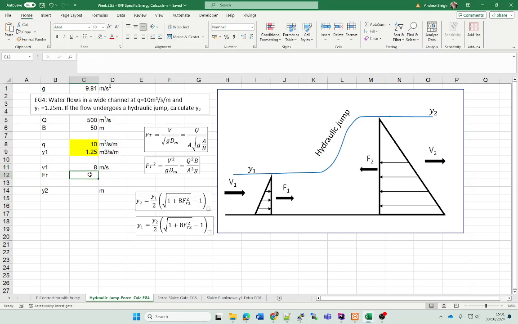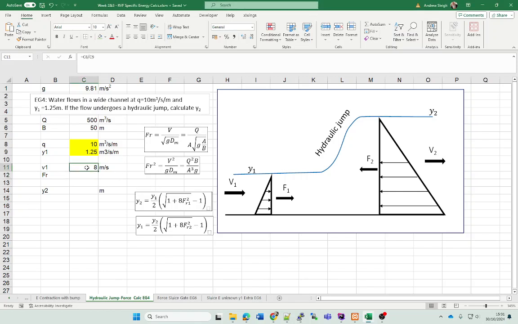Froude number, well, we've got different formulas for the Froude number, but remember we've got velocity over square root of g dm, and dm for a wide channel is just equal to the depth, similarly to a rectangular channel.